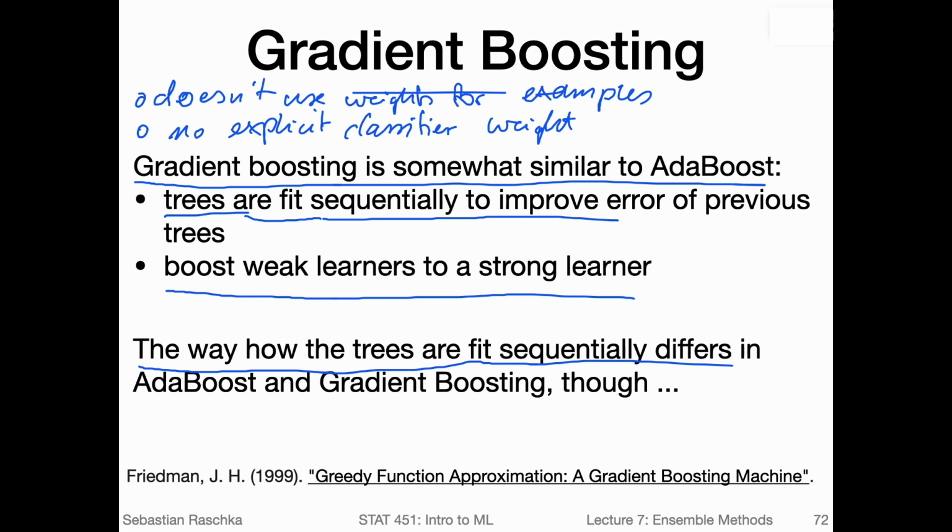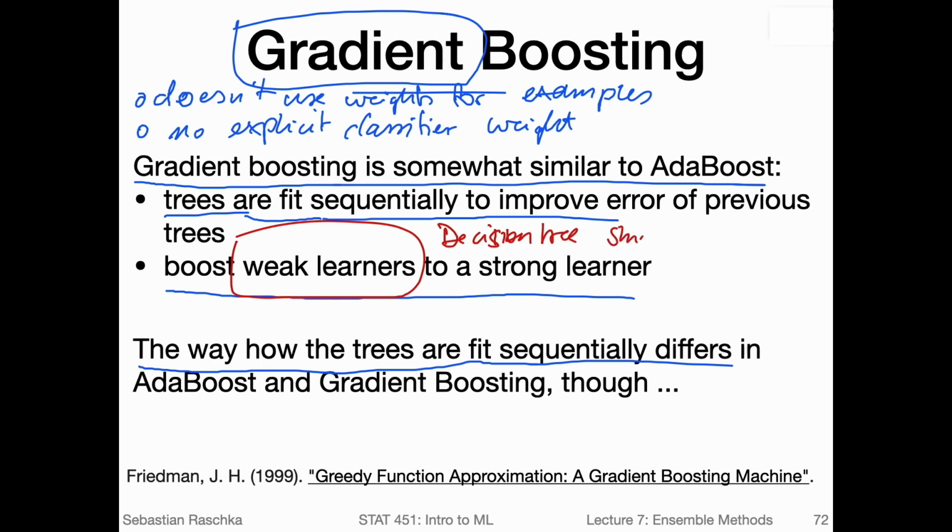The key idea for gradient boosting is that we have a differentiable loss function. So for this loss function we can compute the gradient. That's where the gradient term in gradient boosting comes from. And where in AdaBoost we usually use decision tree stumps, in gradient boosting we don't use the stumps.